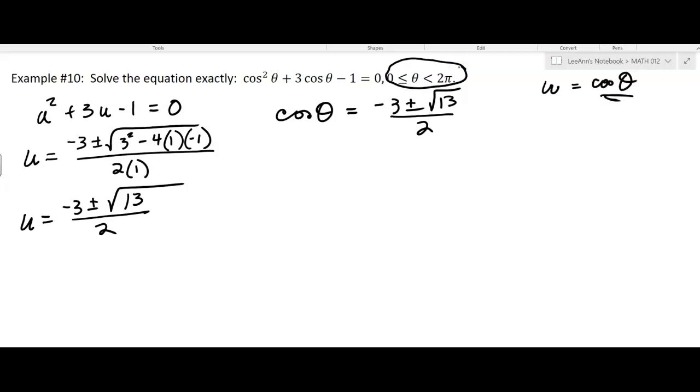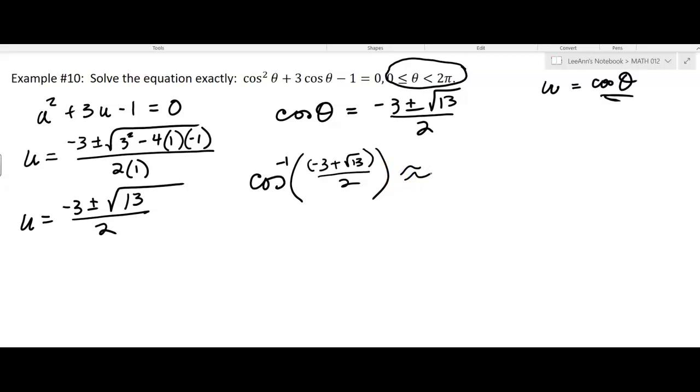Okay. So we can put in inverse cosine of, now you've got to be careful when you put this in your calculator. You're going to put in parenthesis negative 3. You're going to pick one way to go. So I'm going to go with plus square root 13 over 2, and then I'll do it with the minus, okay? And what do we get for that? So we take our calculator.